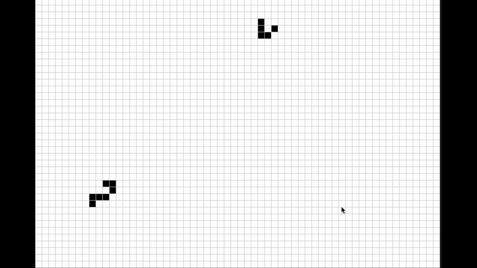So if I simulate this, the glider is going to travel, hopefully this is going to work, to the glider eater. Oh, it vanished. Yeah, the eater ate the glider. I thought it would disintegrate, but it actually vanished.